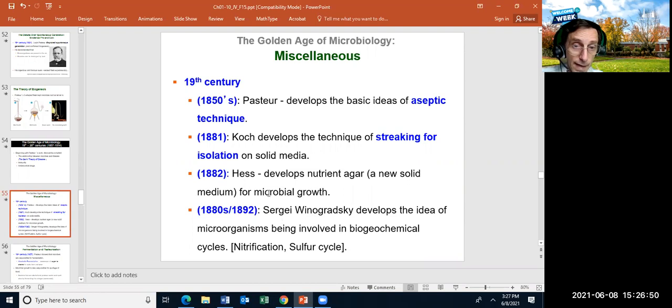And then about the same time, in the 1880s to 1892, Winogradsky developed the idea that microorganisms are involved in the biogeochemical cycles, such as the nitrogen cycle, which we discussed in our first lesson. But he also studied the sulfur cycle, where sulfur moves around in the ecosystem because of different microorganisms.